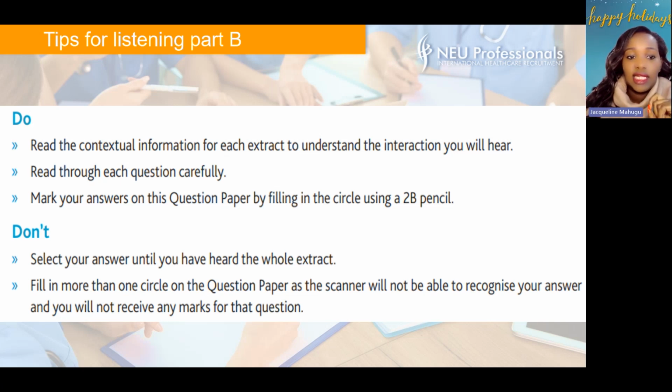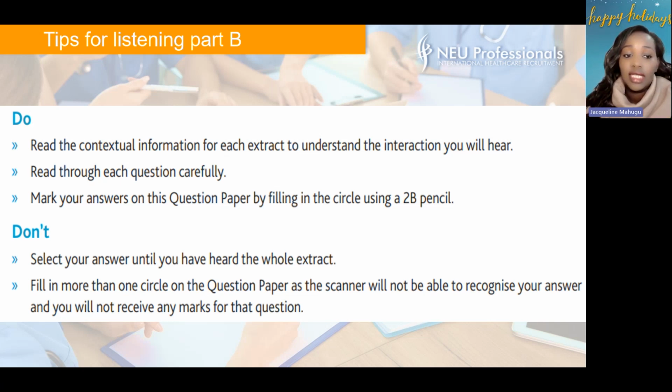So don't select your answer until you have had the whole extract. Sometimes you think you've had an answer because they've mentioned a word that was in the question, but then you realize that the answer was at the end.